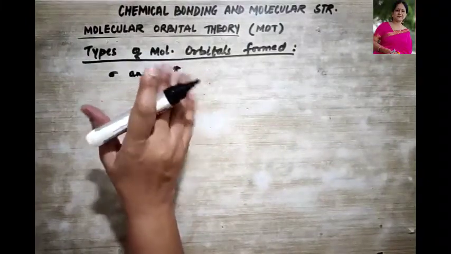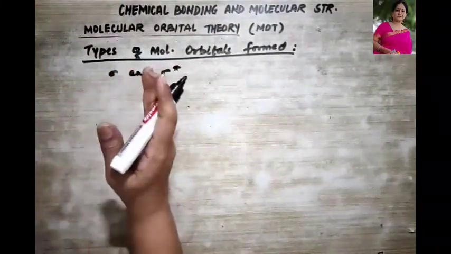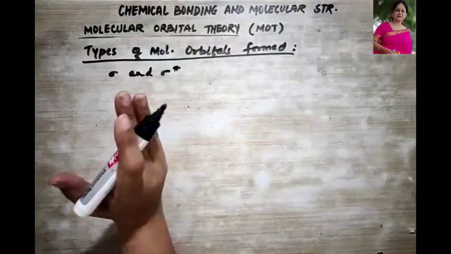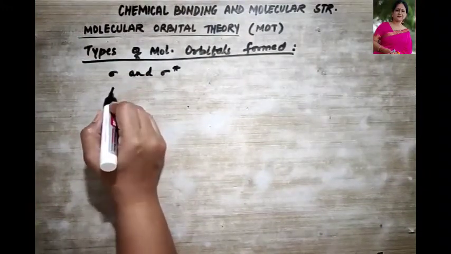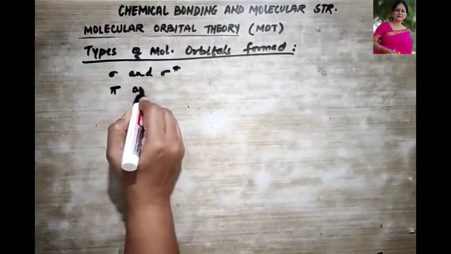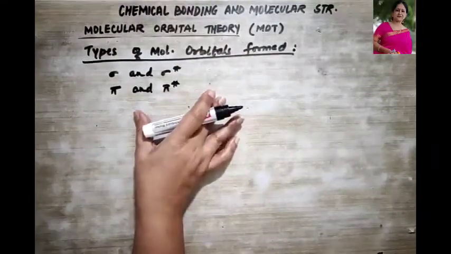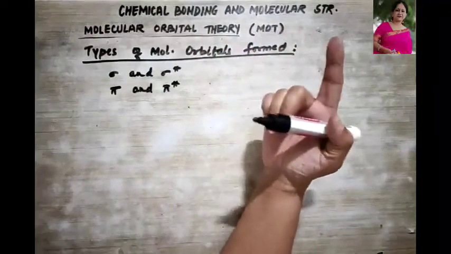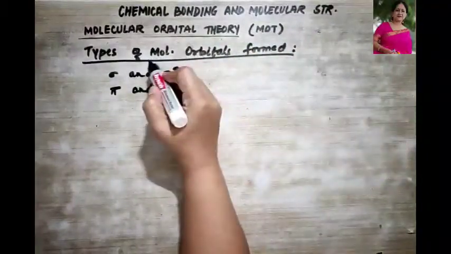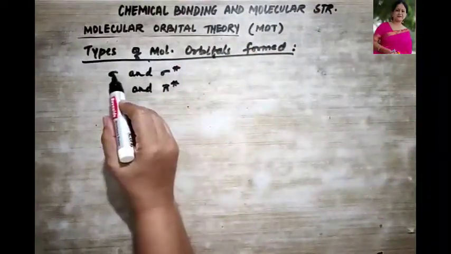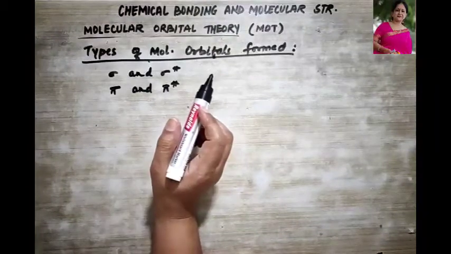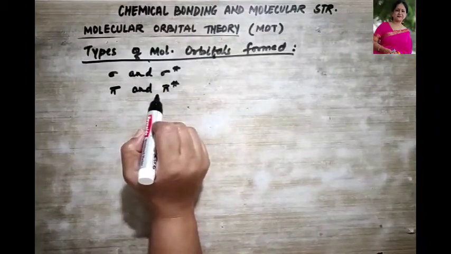And when overlapping takes place sideways, the molecular orbitals formed are pi and pi star. Didn't I tell you, in atomic orbitals we talk about SPDF, and in molecular orbitals we talk about sigma and pi, right? So this is what I am trying to explain.